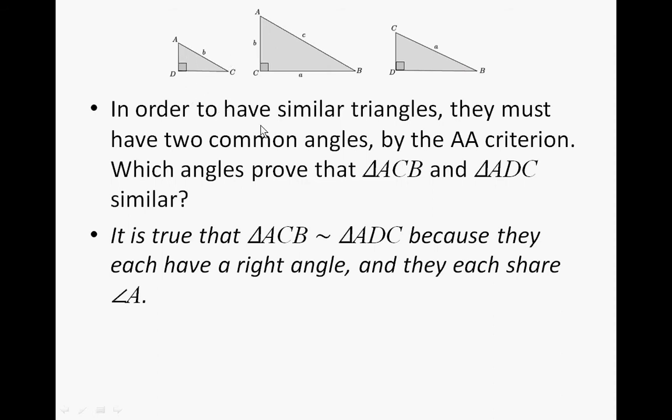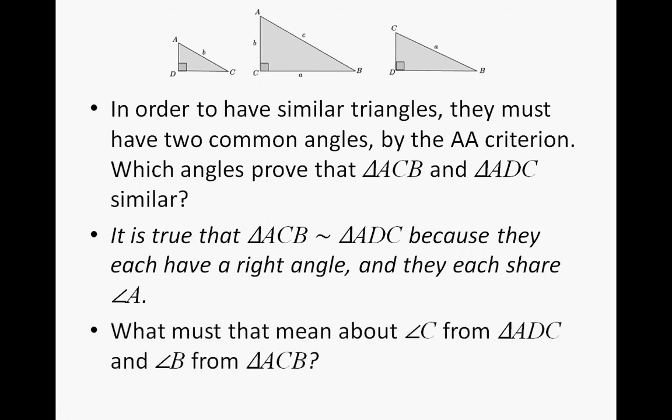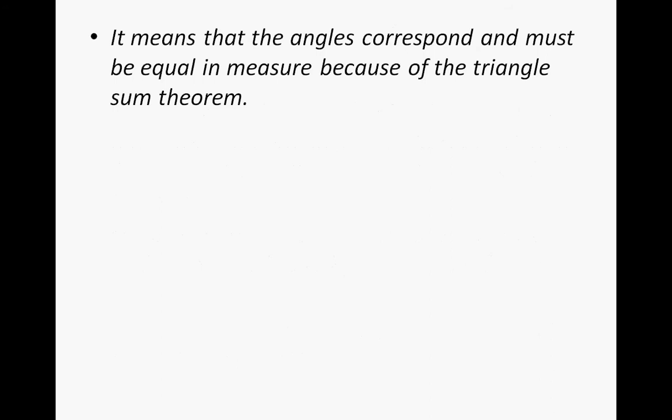Since we have two angles that are the same, these two triangles are similar. So what must that mean about angle C from ADC and angle B from ACB? Well, it means that the angles correspond and must be equal in measure because of the triangle sum theorem.